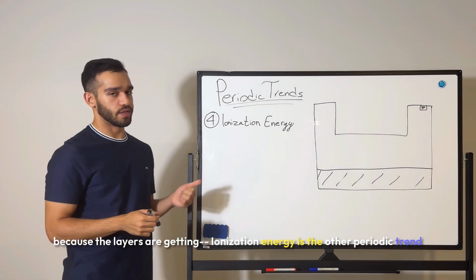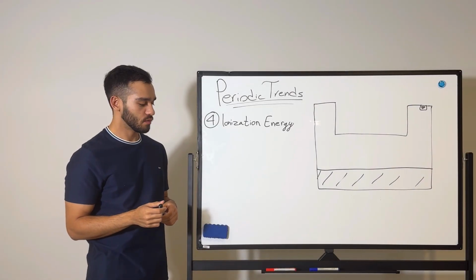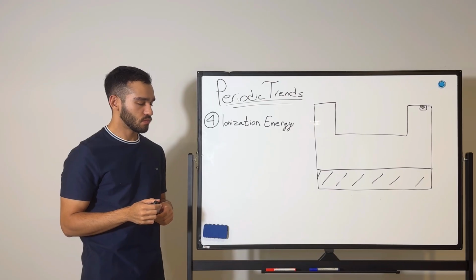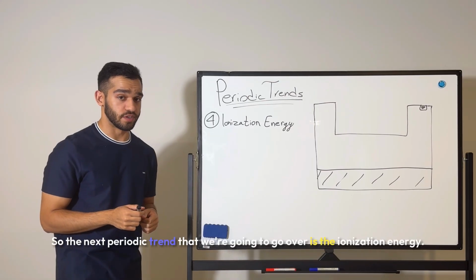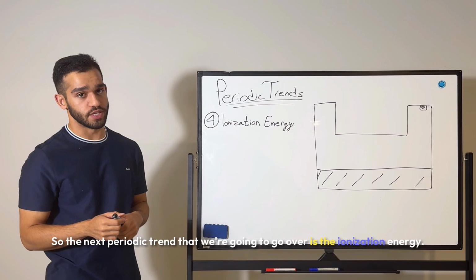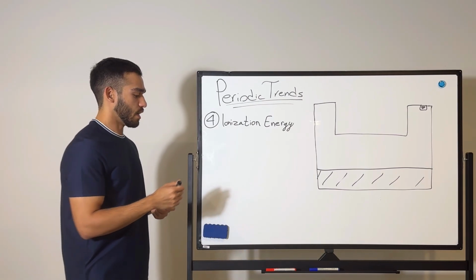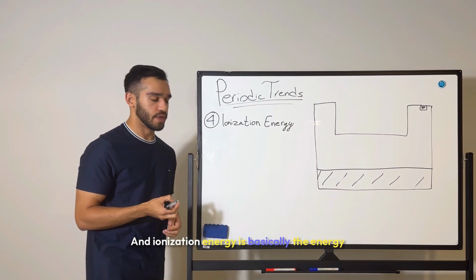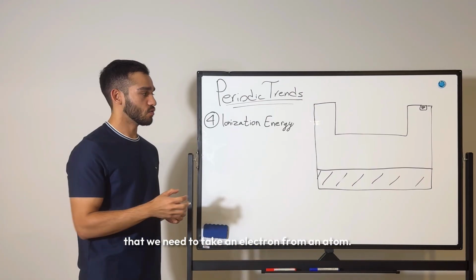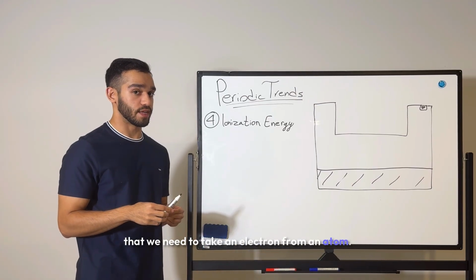So ionization energy is the other periodic trend that I want to talk about. So the next periodic trend that we're going to go over is the ionization energy. And ionization energy is basically the energy that we need to take an electron from an atom.